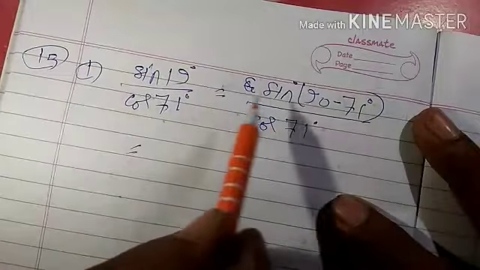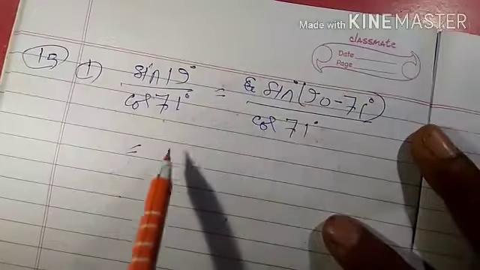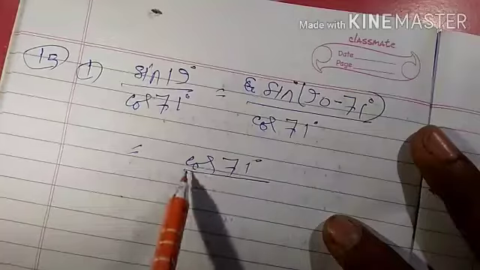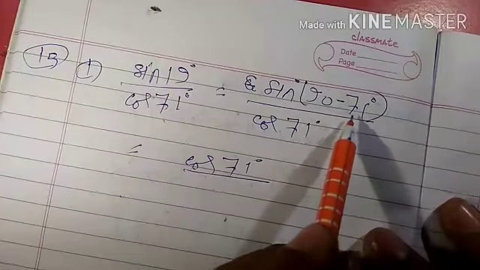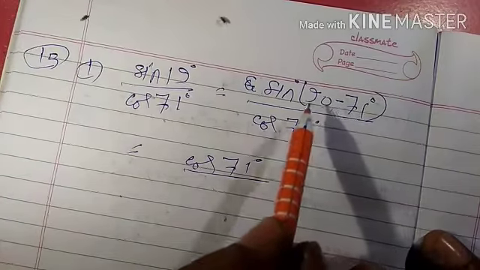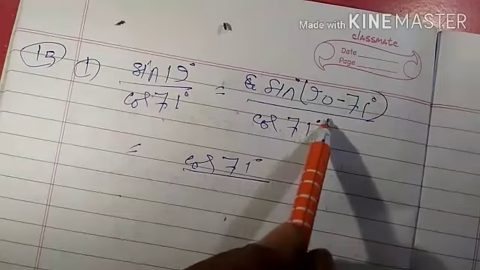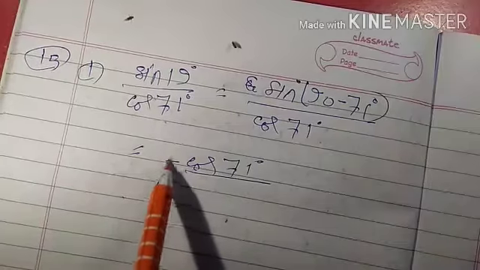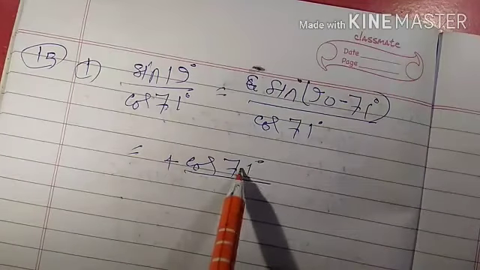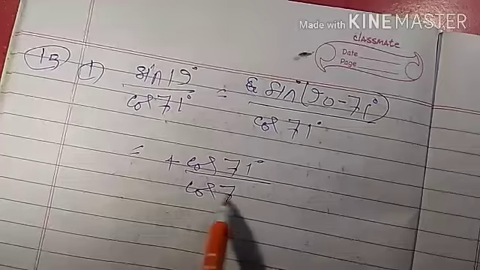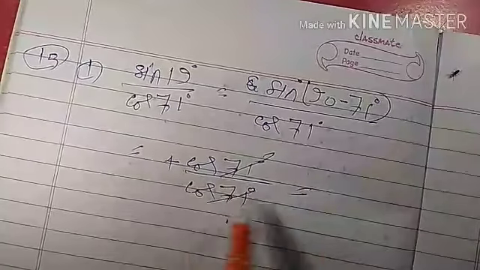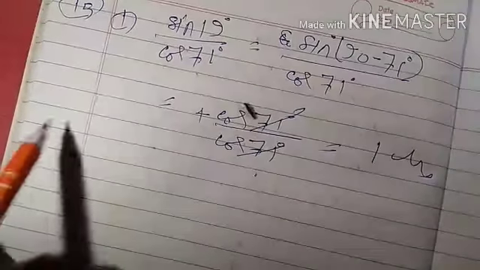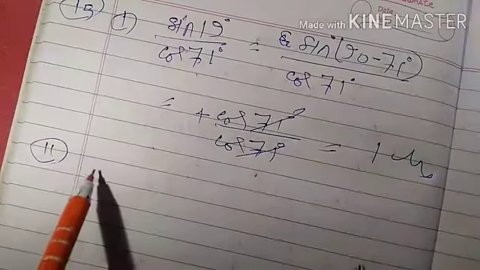So sin 90 minus theta, that is, functions are changed, so we can write cos 71 degree. So 90 minus theta is in the first quadrant, and in the first quadrant all functions are positive, so we can write plus cos 71 degree divide cos 71 degree is equal to, cancel out, so is equal to 1.